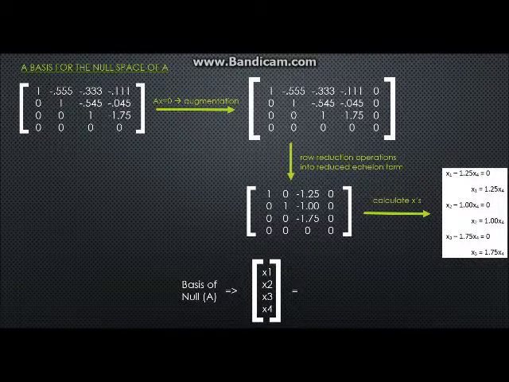And we're going to pull the numbers out of our calculations that we did right here. So 1.25, 1.00, and 1.75, and put them parallel to x1, x2, x3, and then of course just set x4 equal to 1 because x4 is equal to x4. So this is what that's going to look like.